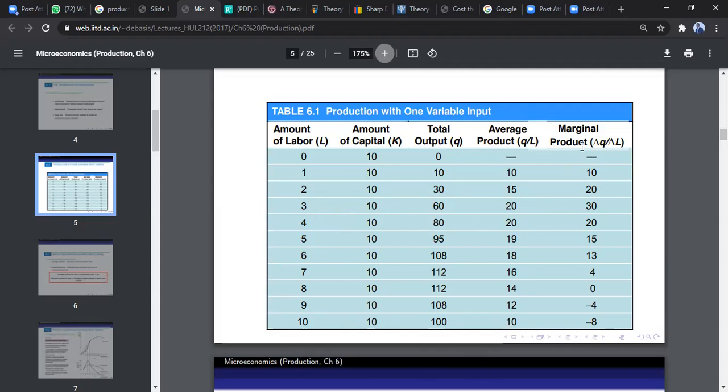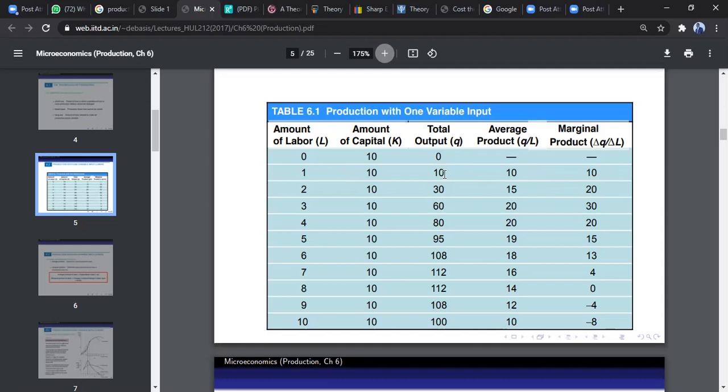Now the marginal product of labor is simply the additional units that we are having for every extra unit of labor. So from 0 to 1, what additional units are we having? We're looking at the difference in the total product here. So 0 to 10, we're getting an additional 10 units.